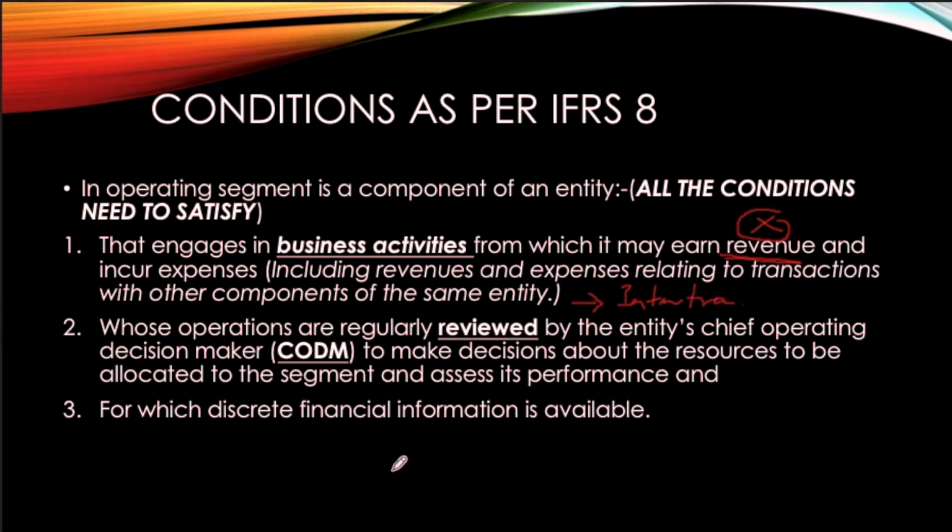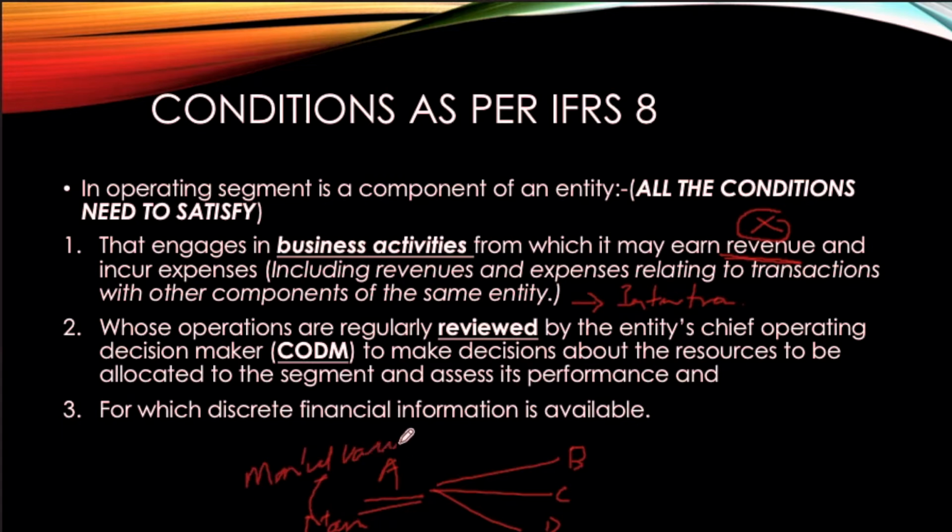For example, Department A is incorporated and provides various raw materials to Departments B, C, and D. It manufactures some goods which have some market value, and its main purpose is to transfer them to B, C, and D. Even though it's not earning any revenue, it is incurring expenses related to business activity. Hence, these also form part of your segment report.